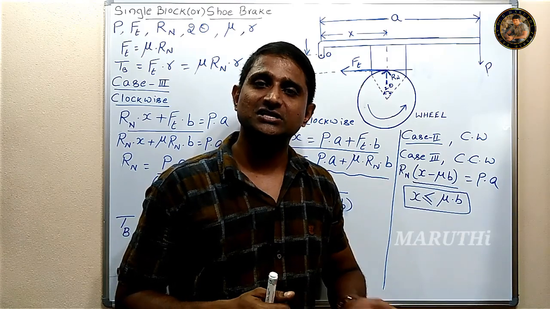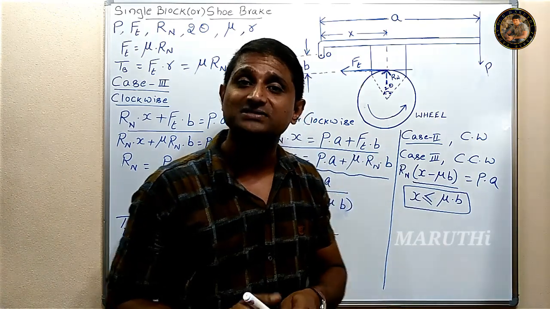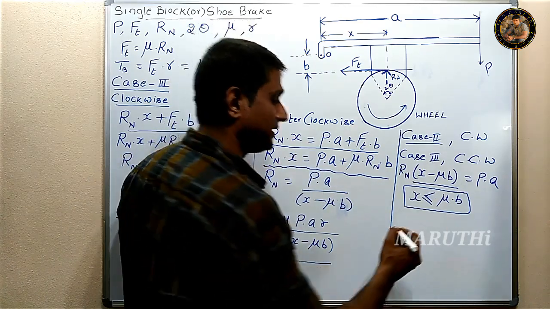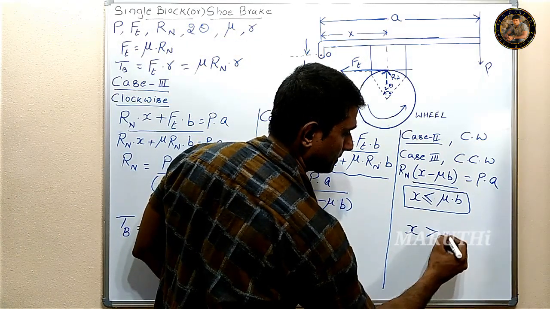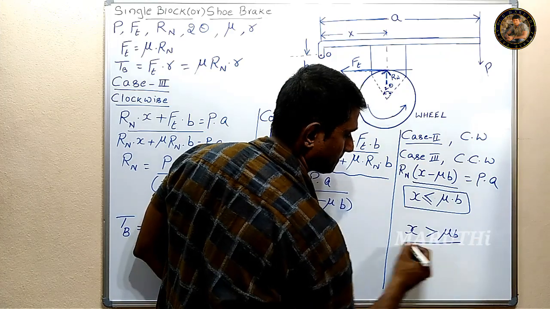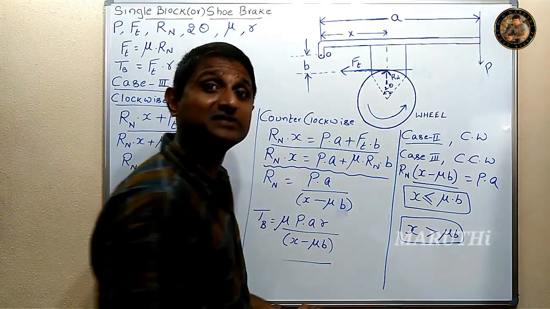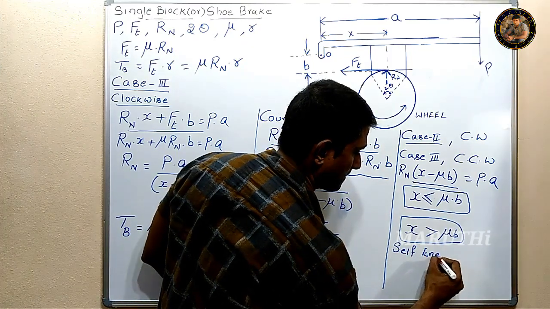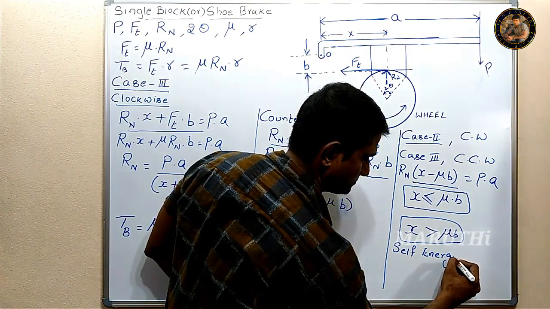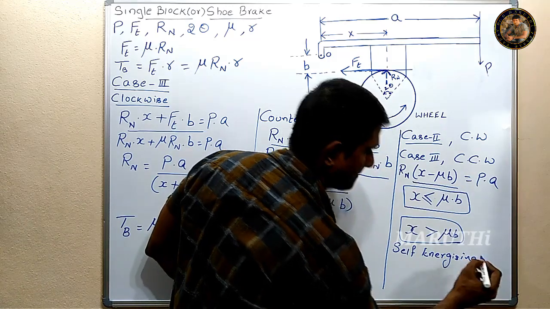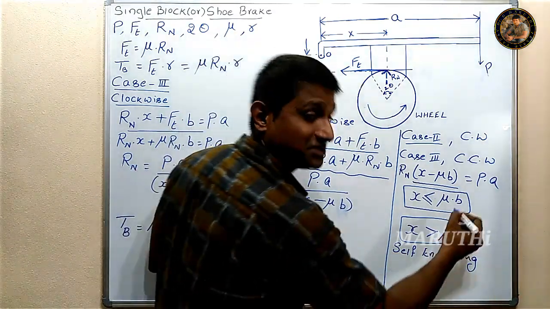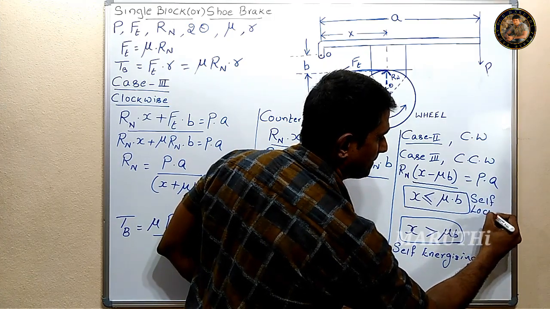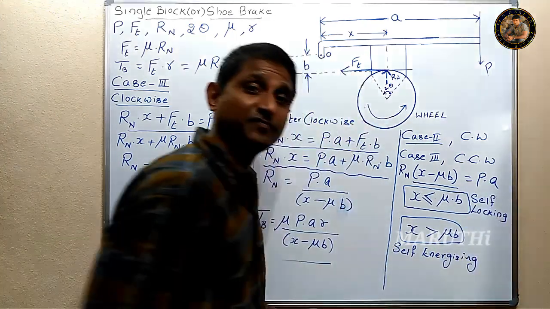Obviously, the reverse is nothing but self-energizing brakes. So to avoid self-locking, we always have to take care that X should be greater than mu B. This is the condition for self-energizing brakes, and the other is the condition for self-locking.